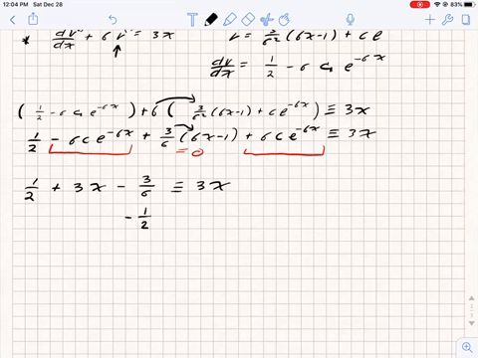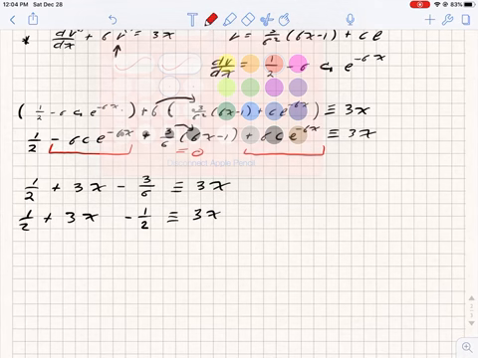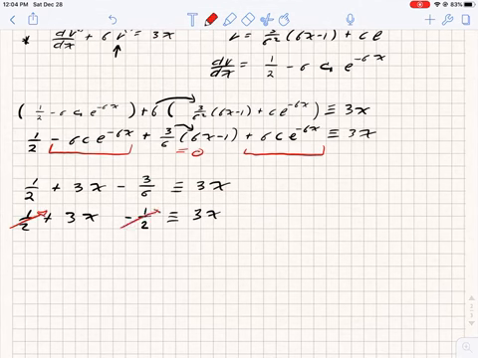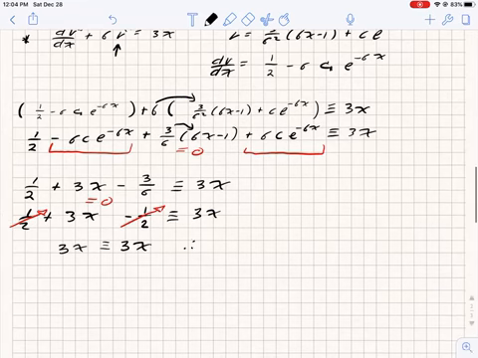This is just 1/2. This is positive 1/2. This is 3x. And I'm sure you're already seeing it now and getting really excited. These two equal 0. So 3x is identical to 3x. Therefore, our solution is correct.